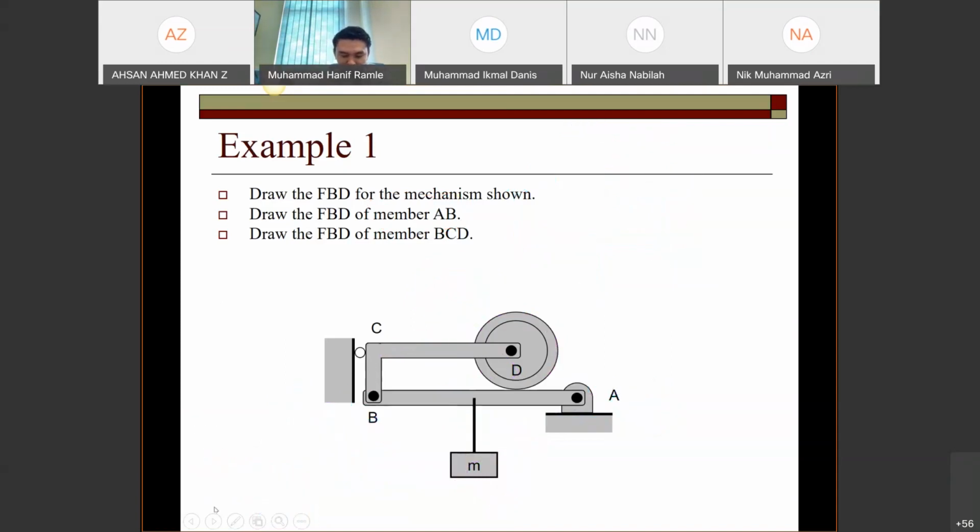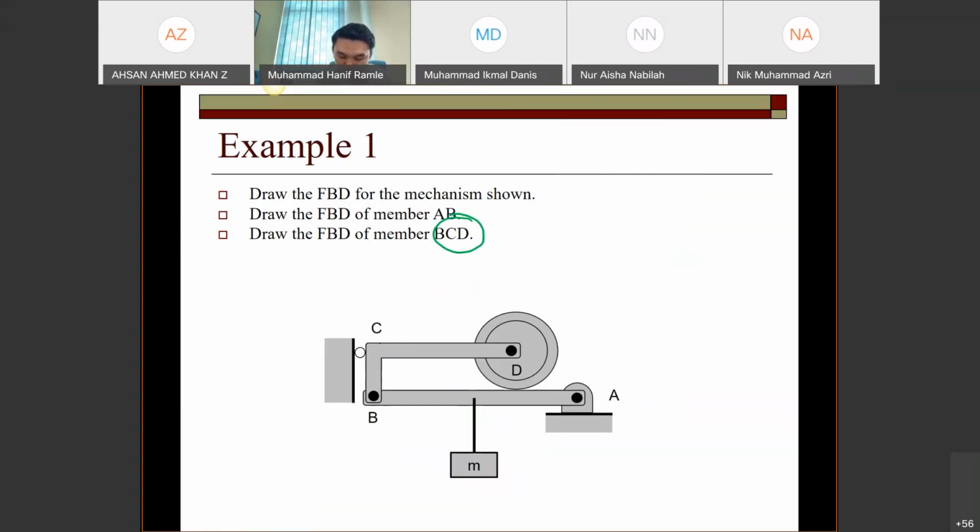Okay, let's move to the next one, which is to draw an FBD of member BCD. Again, my question, what is the first step that we have to do? Yeah, draw BCD only.